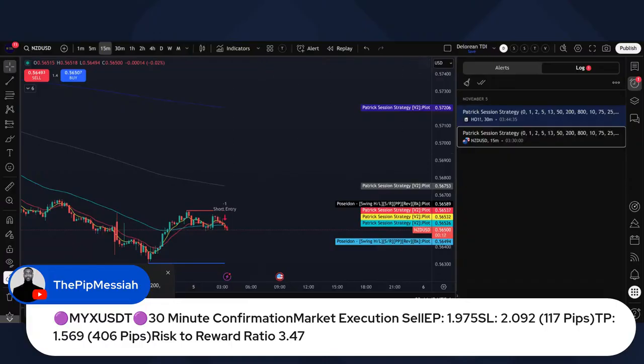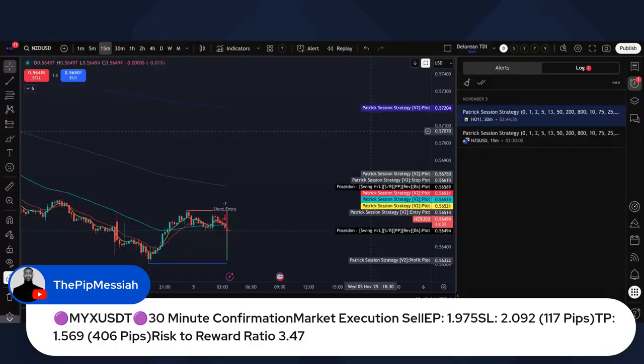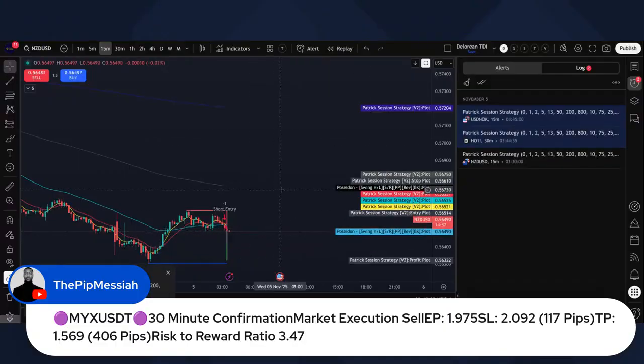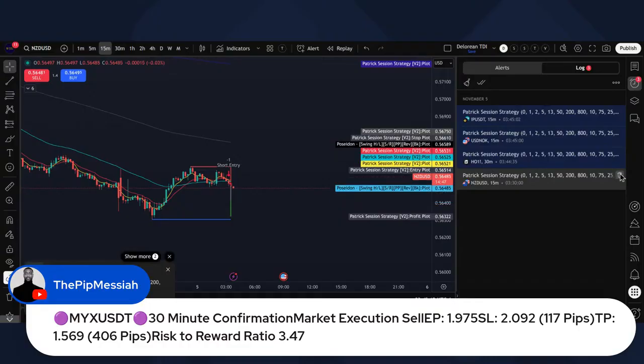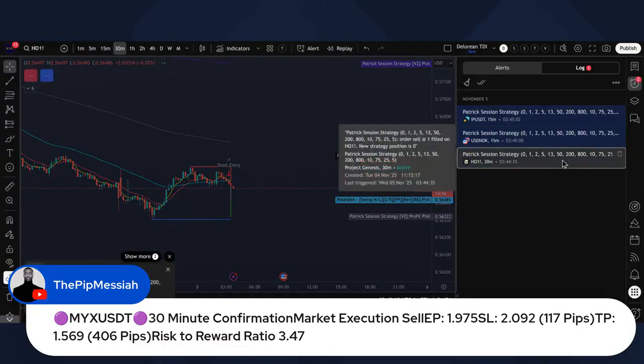Something going off on heating oil. Take a look at that in a second. That ain't even worth getting in, so we're going to ignore the call on New Zealand dollar versus US dollar.